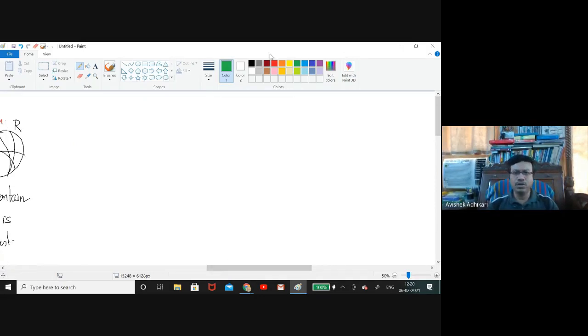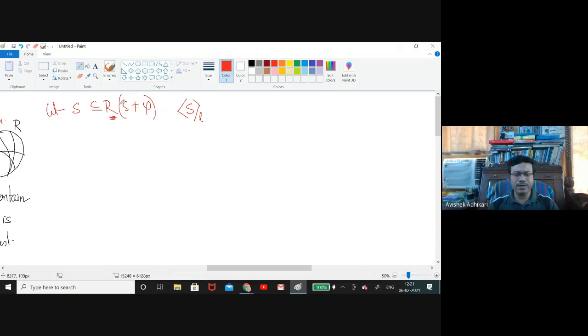Okay, so let S be a non-empty subset of R. So S is non-empty. What we want to check is how this should look. Now it's not Z, so try to remember this is not Z. We have not mentioned whether R is a commutative ring or not.